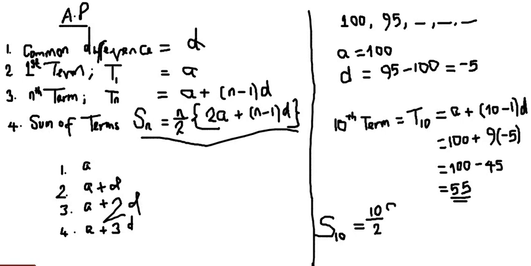Then this will multiply by 2a, which means 2 times 100, because our first term is 100. Then we say plus n minus 1 d, that means 10 minus 1. Our d, common difference, is -5.